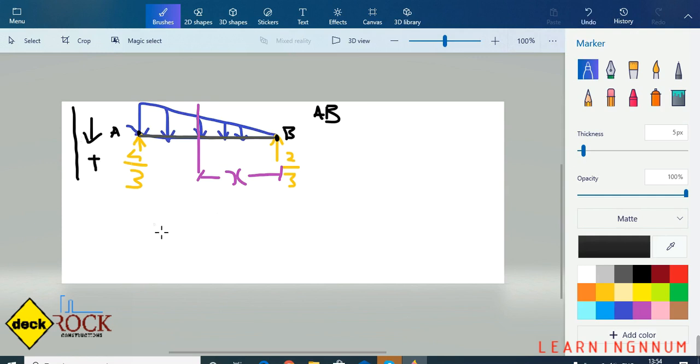Now see. Now at point A, how much we got shear force? Plus 4 by 3, right? Yes, sir. So this is 0, 0. So top is positive. So plus 4 by 3.